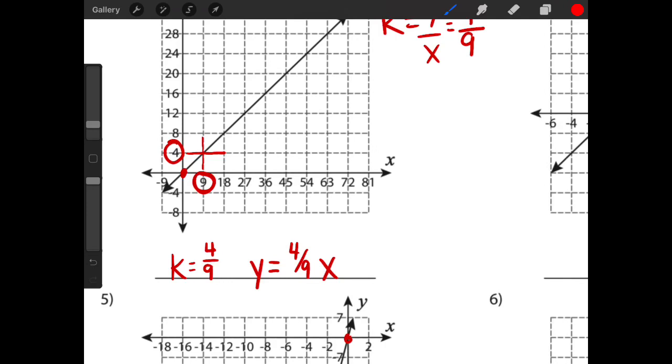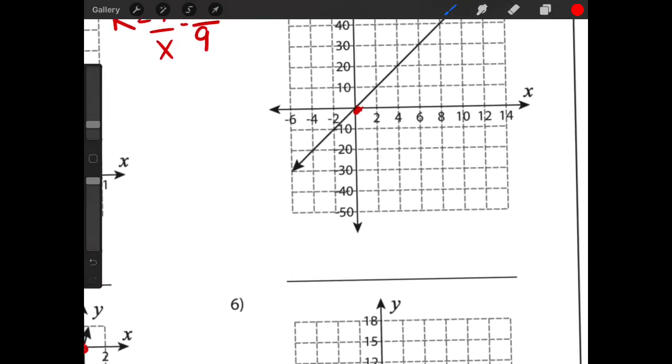And to see that this is proportional, we don't even have to look at the fraction. We can say if I go from 9 to 18, which is 9 times 2 is 18, 4 times 2 is 8. Now we've got 18 and 8. So we see that it's increasing by 4/9 every time.